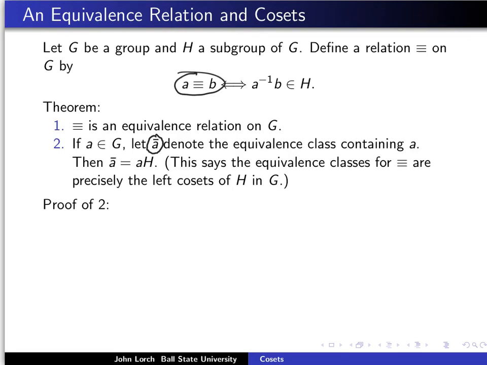So I want to show that those two sets, A bar and the left coset AH, are equal. And that means that I need to show that a generic element of one lies in the other and vice versa. So let's start with an element B that's in A bar.